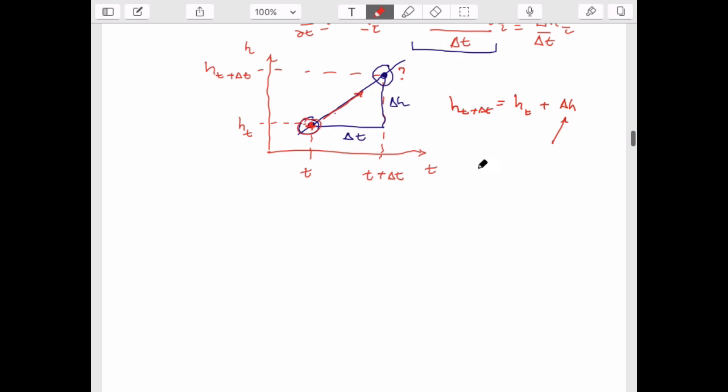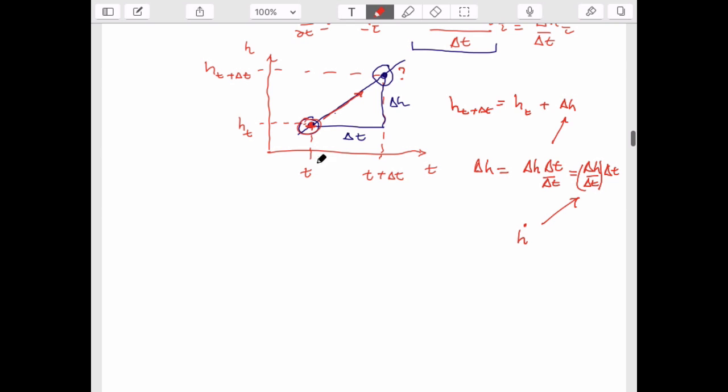We could also write that delta h is equal to delta h, that's certainly true, times delta t over delta t, that's certainly true. And so that, in other words, is delta h over delta t times delta t. So this term here is just what we've referred to as h dot.